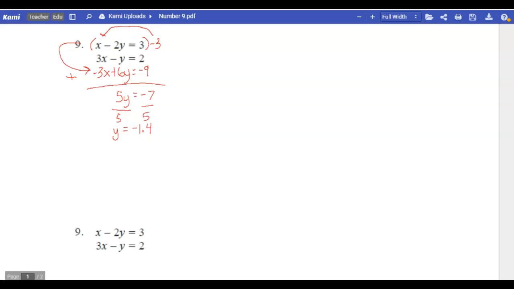So now that is step 1. Step 2, I'll come over here and I would plug that in. So now I have x minus 2 times -1.4 equals 3. So if I multiply those together, it becomes a positive because I have 2 negatives.